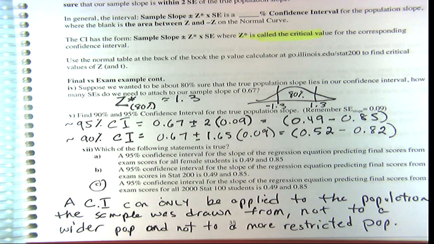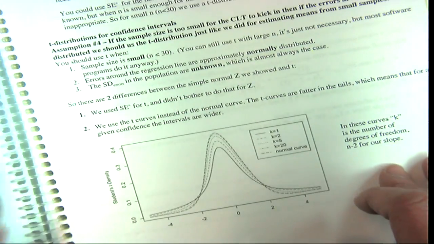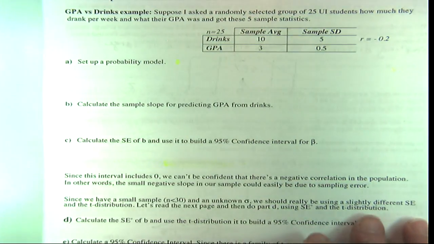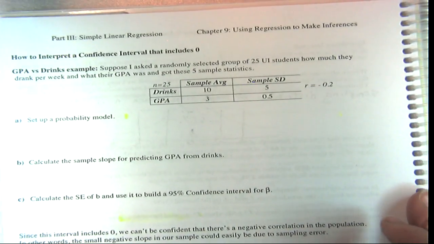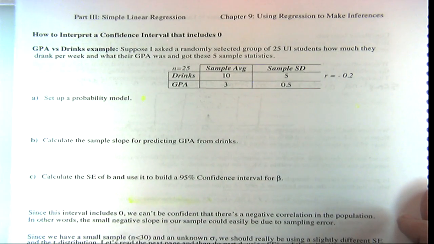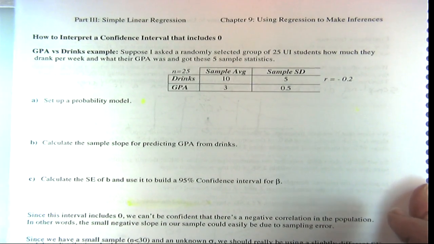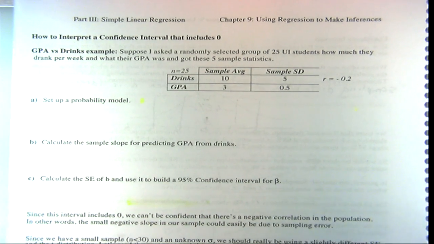All right. So now let's go to the next one. Speaking of another good example, this is looking at data relating GPA to drinking. I'm sure you've all been told, don't drink too much because your schoolwork will suffer, among other things.